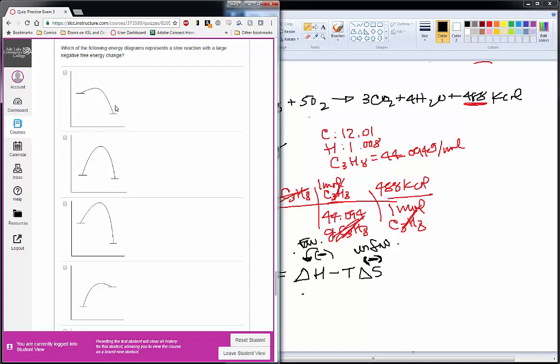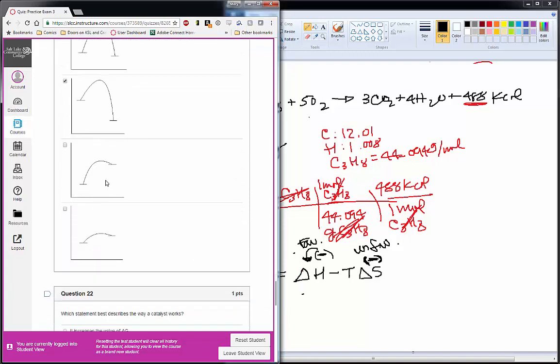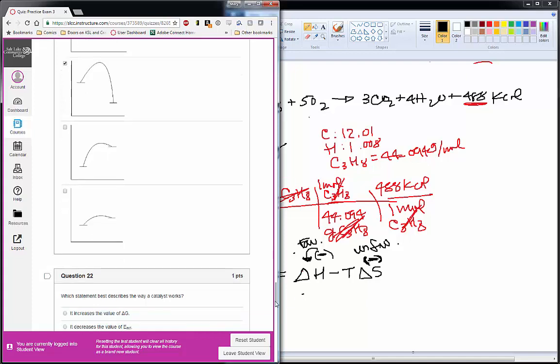So this has large negative free energy, but it would be a fast reaction. This would be a slow reaction, but that's a very small negative free energy change. This looks like it fits the bill. Large activation energy, large free energy change that's negative. Both of these are positive free energy changes, so that's the only one that's going to fit with what I described.